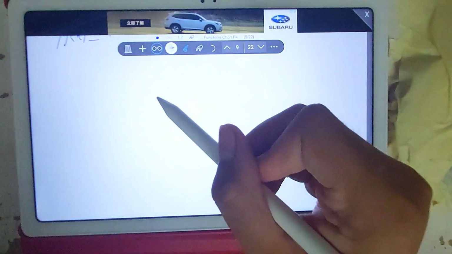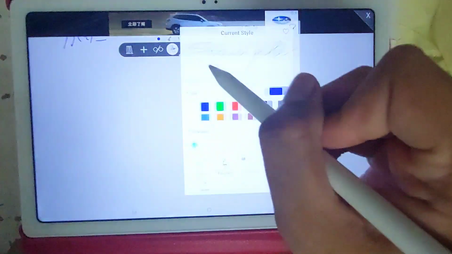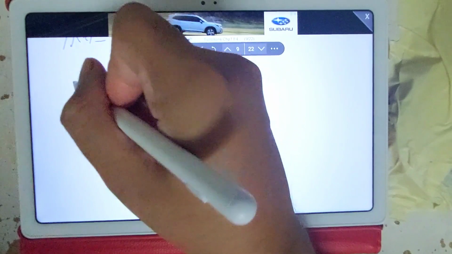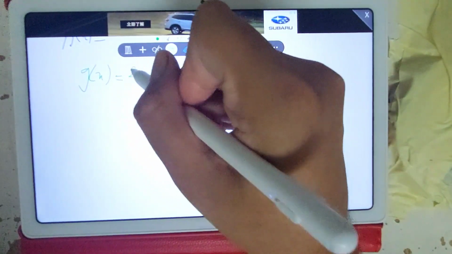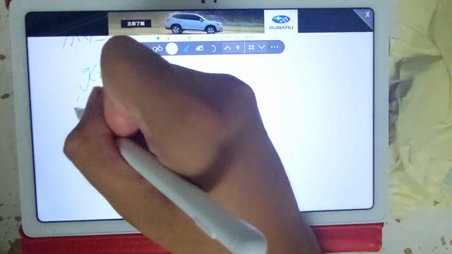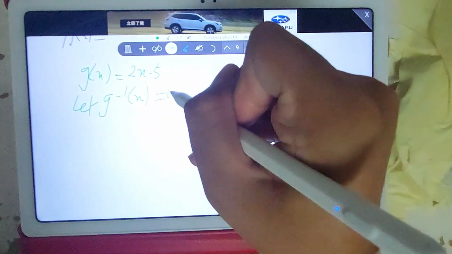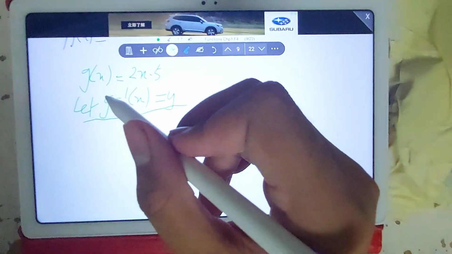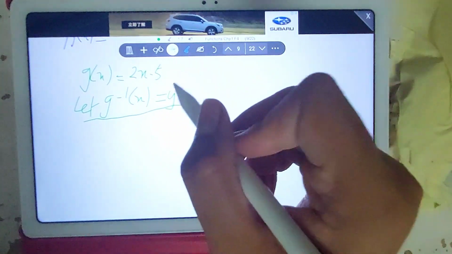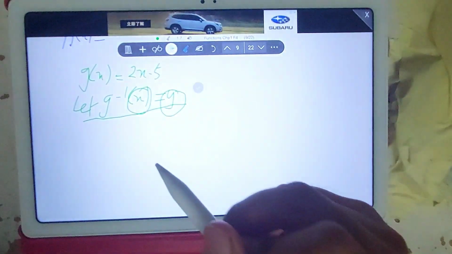So now I'm going to find g inverse. We already know that our g(x) is equal to 2x minus 5. So again, it's revising your concept of inverse function, how to find it. Always make this assumption: g inverse x is y. As you know, I've explained on the arrow diagram how this thing comes about, where your x is your object, and you must expect that g(y) is your image after you shift.